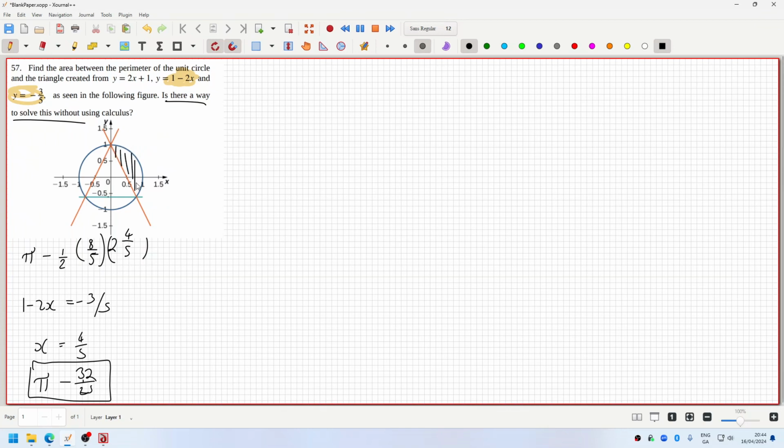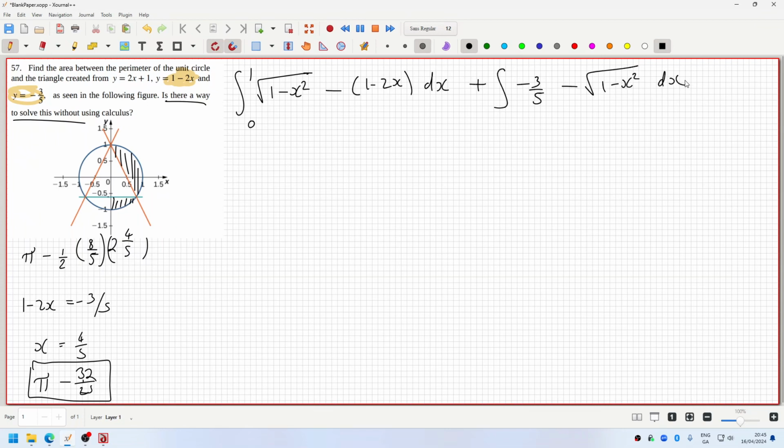Okay, so that would be the integral from 0 to 1 of root 1 minus x squared dx. Sorry, minus 1 minus 2x dx, plus, and then this one here, minus 3/5 minus root 1 minus x squared dx.